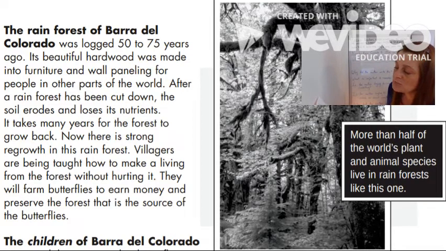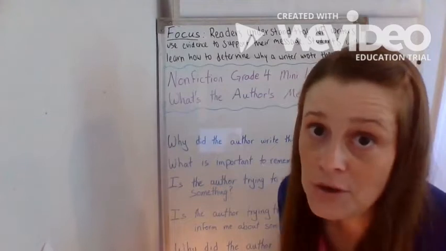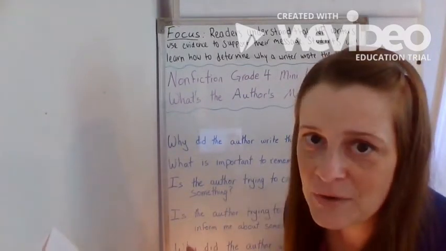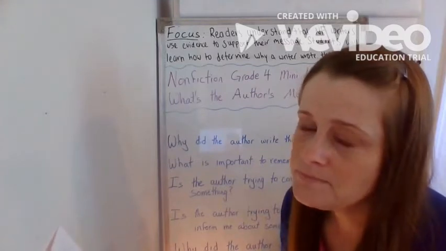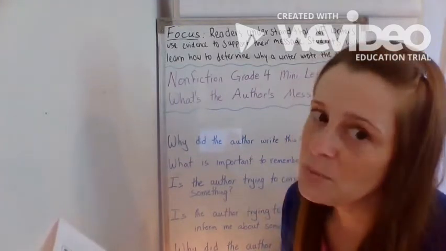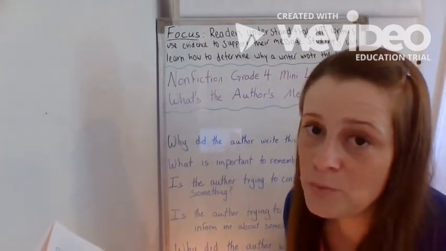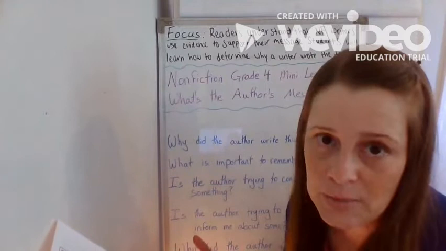More than half of the world's plant and animal species live in rainforests like this one. So if more than half of every living thing other than humans lives in a rainforest, and we cut down all the rainforests, is that going to be a problem? I'm really hoping you responded yes there. That's a huge problem. We need rainforests to keep our entire planet sustainable.